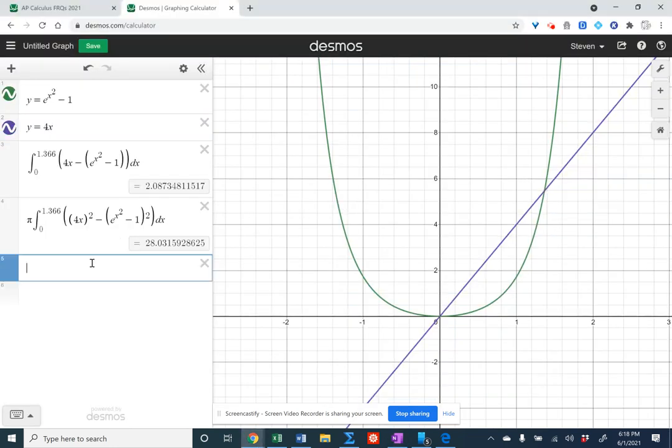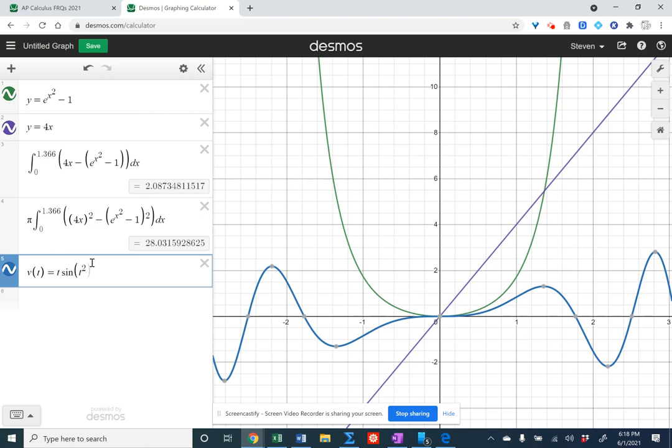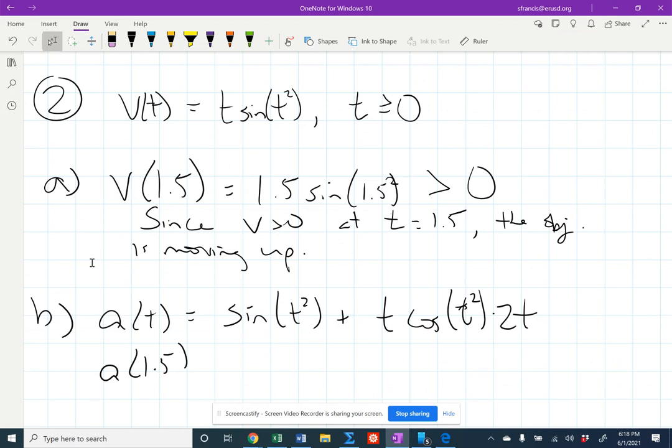I didn't actually calculate this. Yeah, I can just put v prime of t in Desmos. Actually, v prime of 1.5 is negative 2.0487. That's the first part.